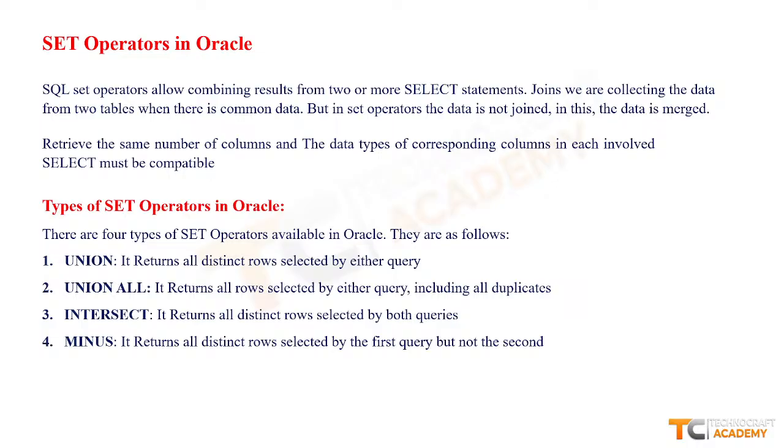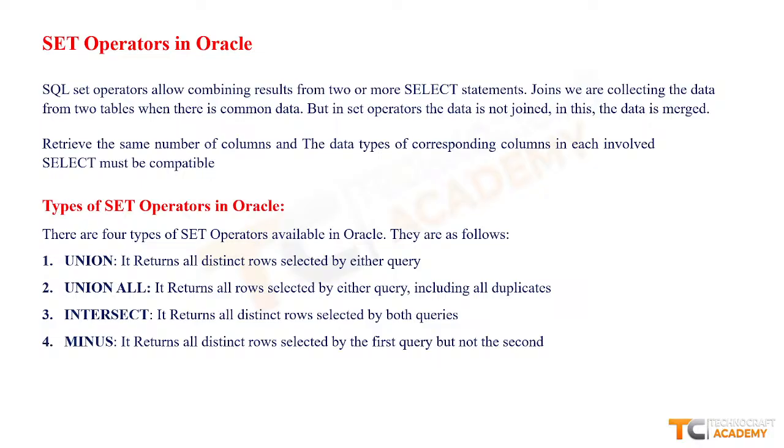And next we have intersect. Intersect returns all the distinct rows selected, meaning only the common rows between both the queries will be selected.